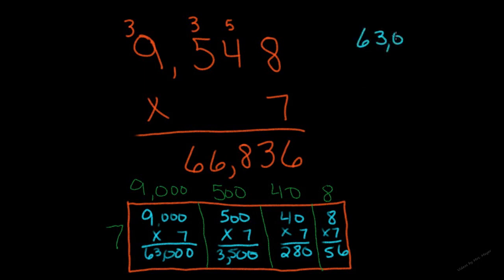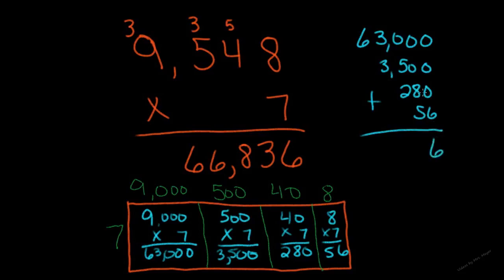Okay, so now to check to see if my answer is correct, I'm going to take the value of each of these boxes and add them up to see if they total up to my product of 66,836. So I got 63,000 plus 3,500 plus 280 plus 56. I'm going to add all that up.